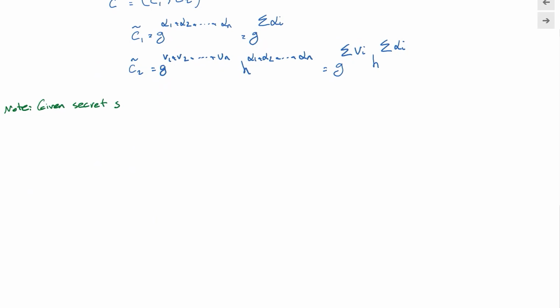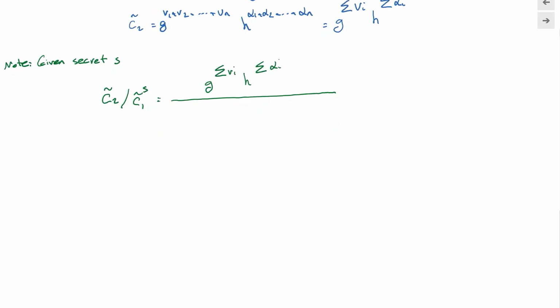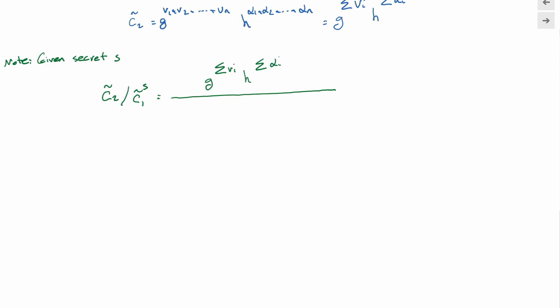How so? If we knew the secret S, then we could just do C2 tilde divided by C1 tilde to the power S, and let's see what we get. C2 is G to the sigma of VI times H to the sigma of alpha i's.